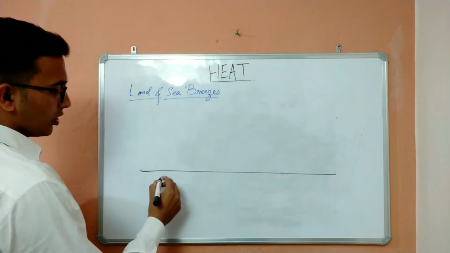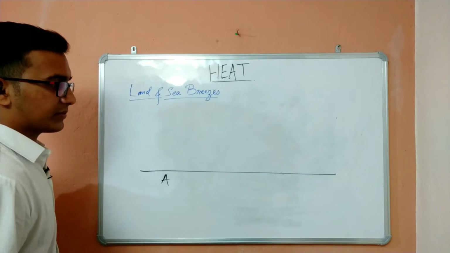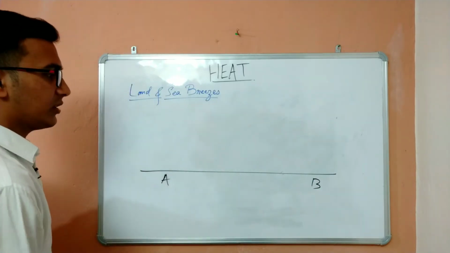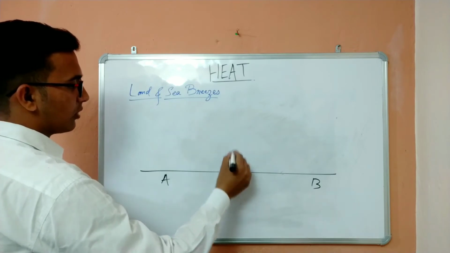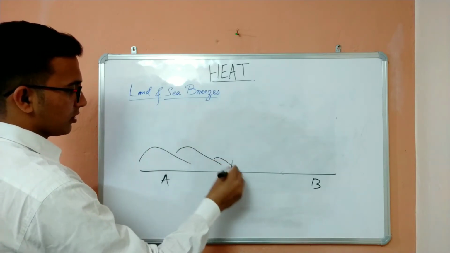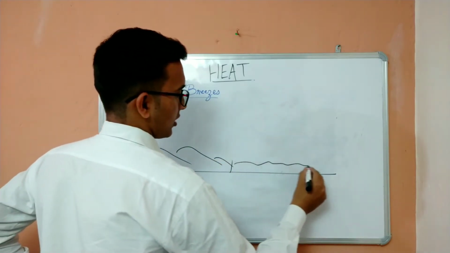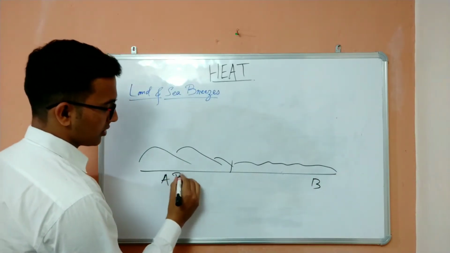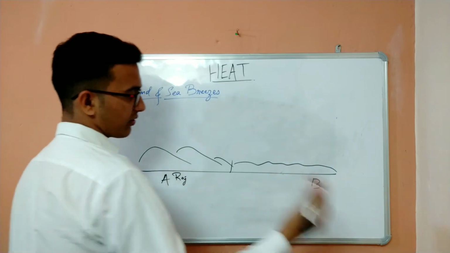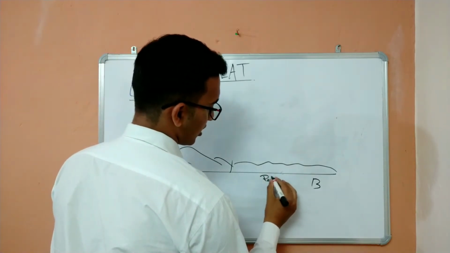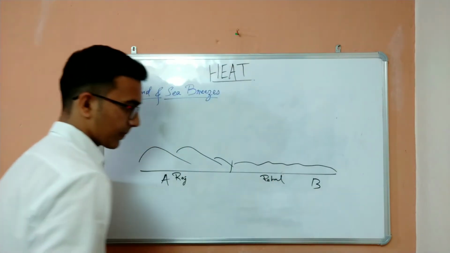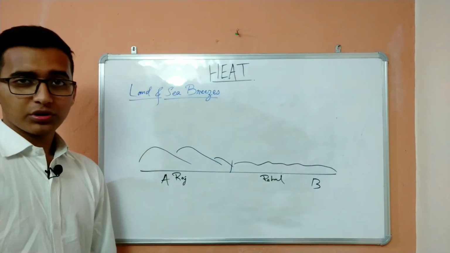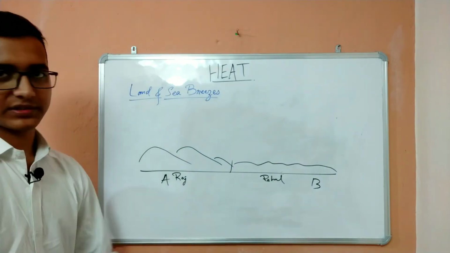You are living in place A and your friend is living in B. There are two different towns or cities, whatever you say. Your name is, suppose, Raj and your friend's name is Rahul. So Raj and Rahul both live in different places.